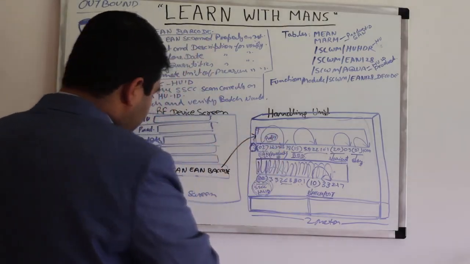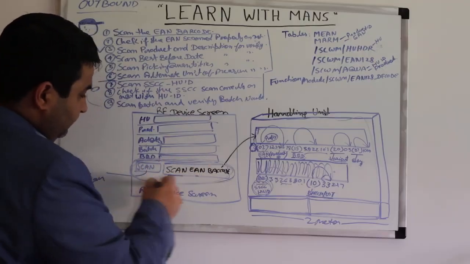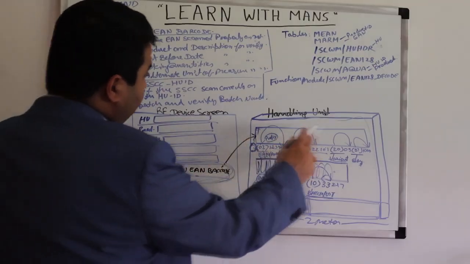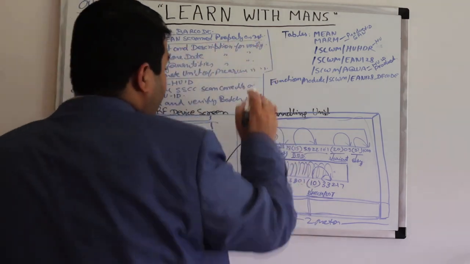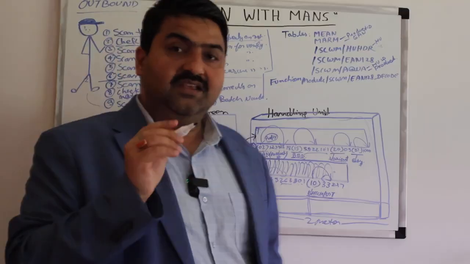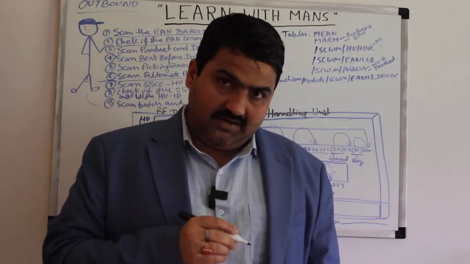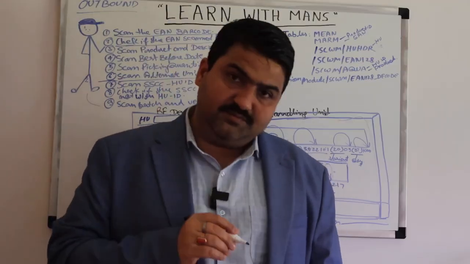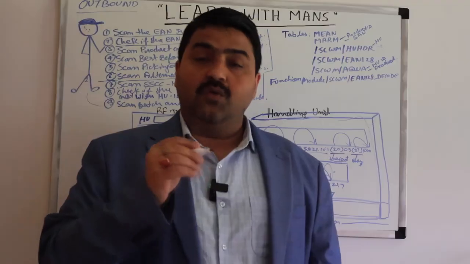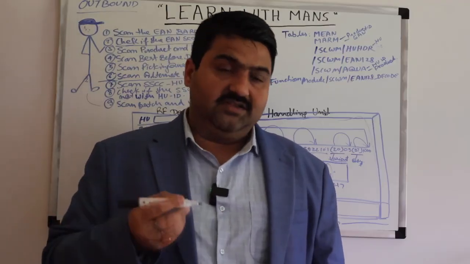Because our goal is to scan, because we provided one button to scan the EAN barcode. They scan, then check if the EAN is scanned properly or not. Then they check the international article number or European article number, which is the product, which contains properties of the product. Properties means product ID, quantity, alternate unit of measure, more details.